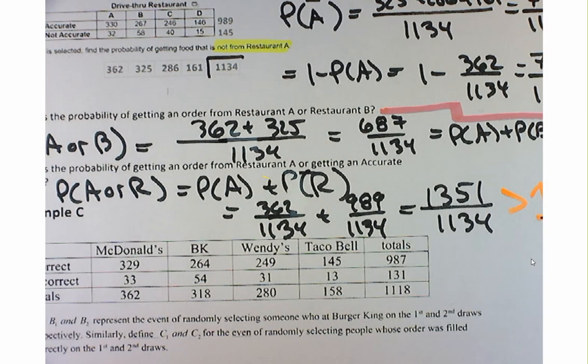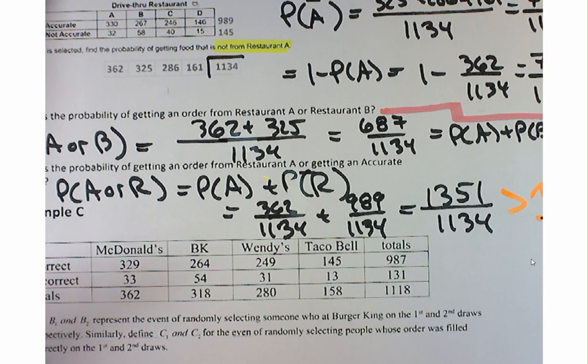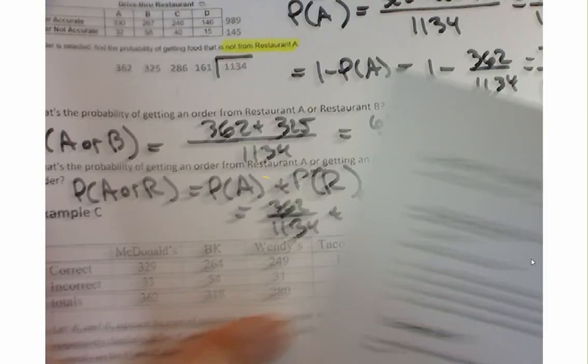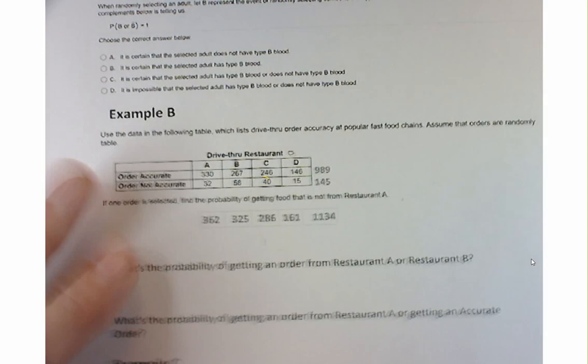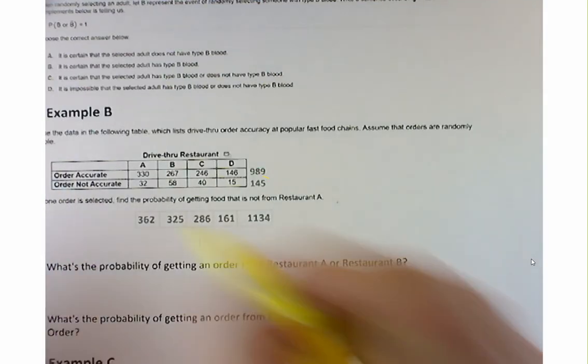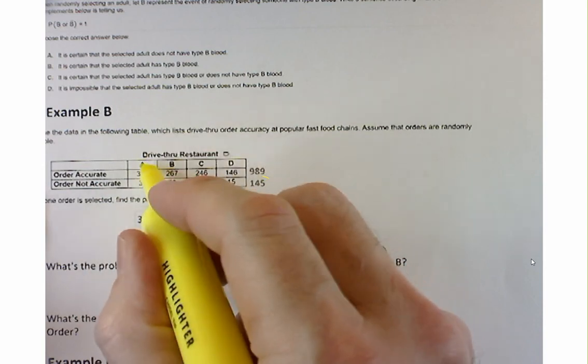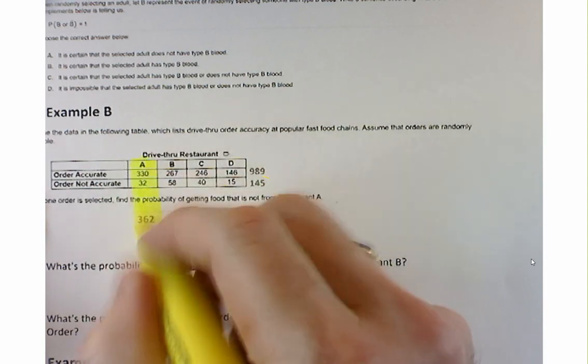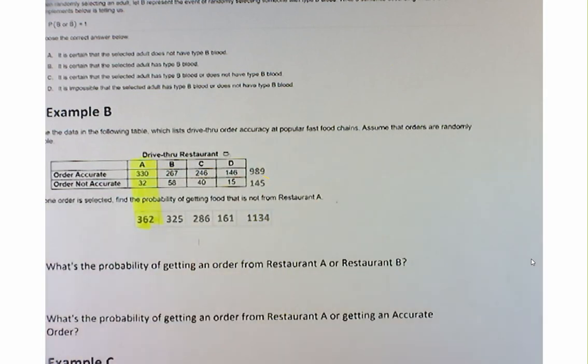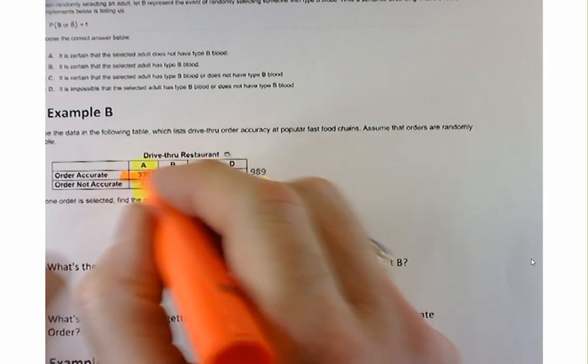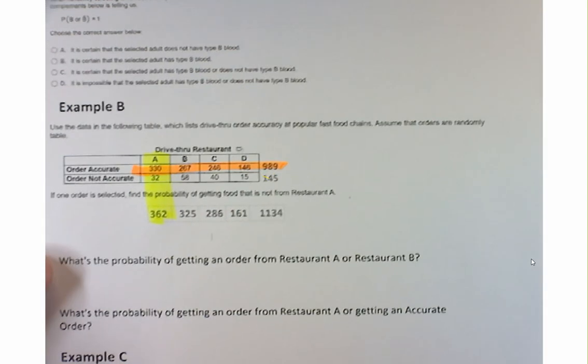So what went wrong here when we did this? Now somebody was saying, well, didn't we already count somebody? And the answer is yes. Let me rewrite it over here. We calculated the probability that somebody was in A, so we added up all these. And then we said there's also a possibility that they got the order accurate, and so we added up all those.